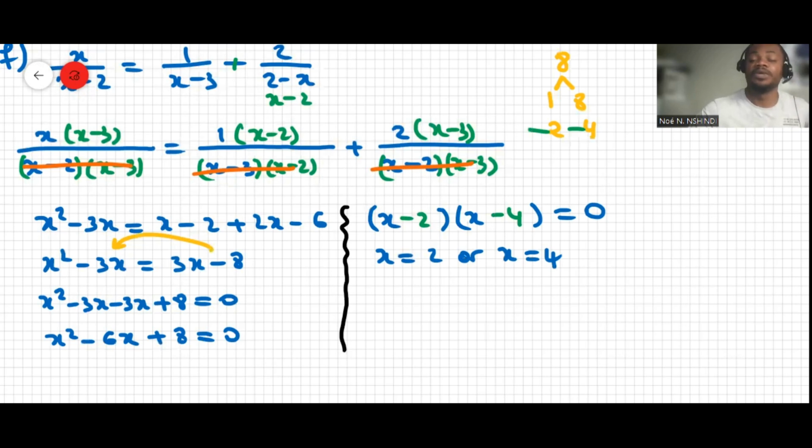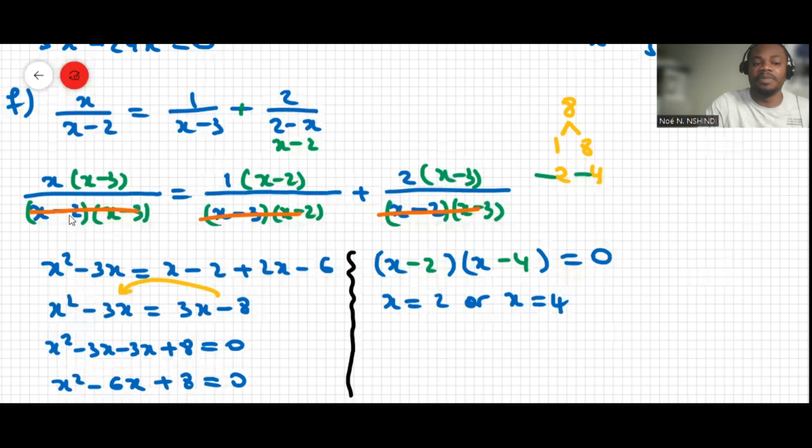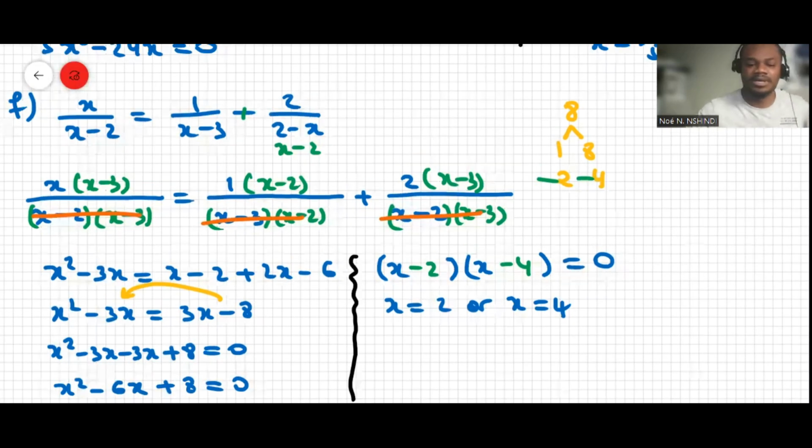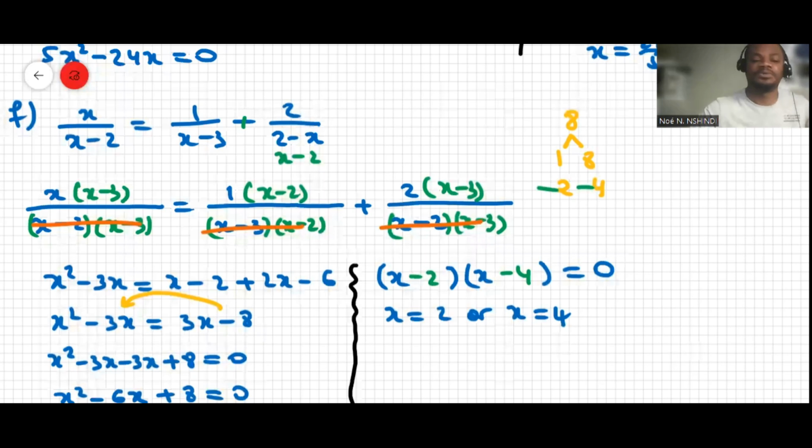But now we need to be careful here, because when we say x is equal to 2, I want to look here. Remember, the restriction here is that the denominator cannot be 0. So if x minus 2 is 0, this means that x cannot be 2, or x minus 3 cannot be 0, which means x cannot be 3.